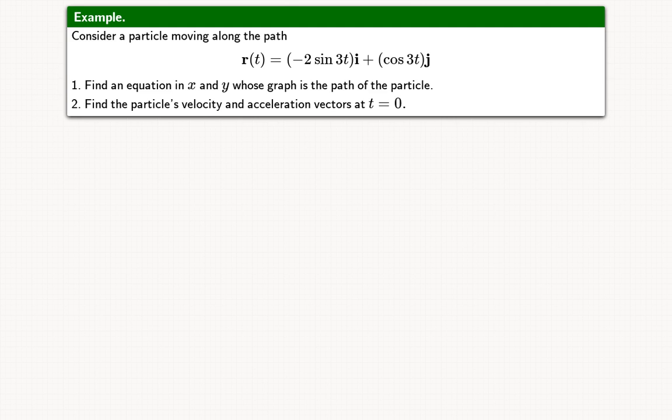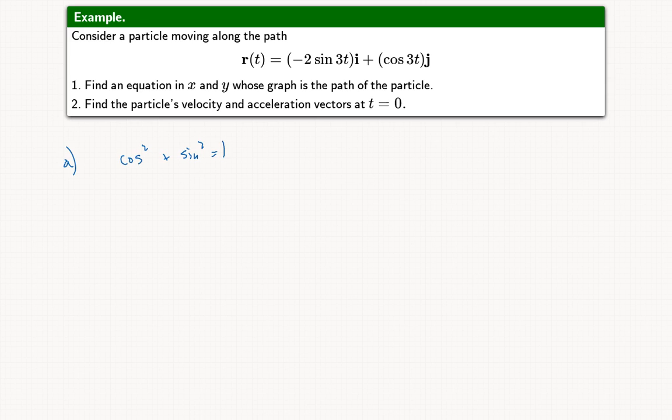Okay, so here's an example. We're given a particle moving in the xy plane according to -2 sine 3t i plus cosine 3t j. And so part A asks us to find an equation defining this curve, like an implicit equation for this curve. So for this, we'll use that cosine squared plus sine squared is always 1.